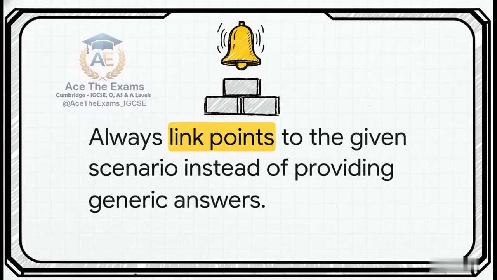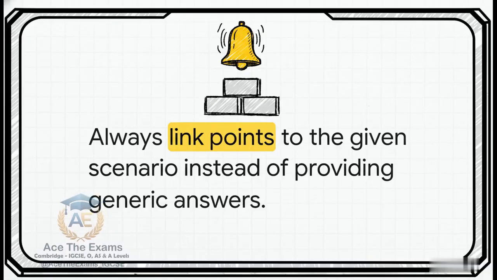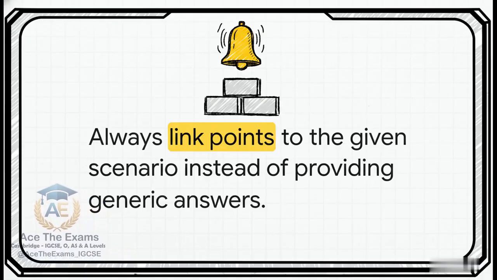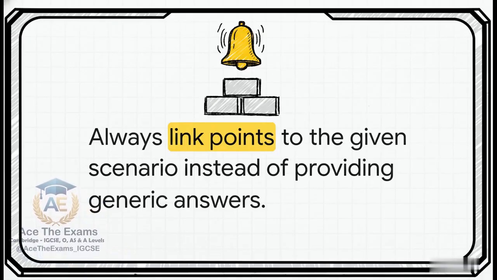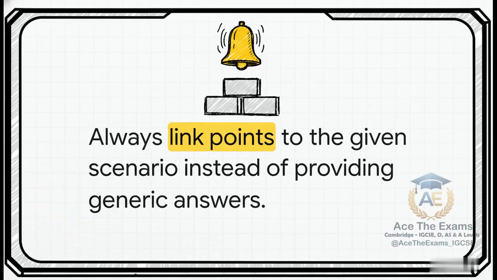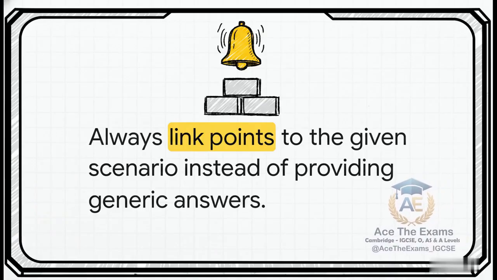Make your mathematical point, support it with evidence from your specific vector resolution, explain the physical principle at play, like limiting friction, and most importantly, link it directly back to the exact masses, angles, and coefficients provided in the scenario. By tethering your generic mechanics knowledge directly to the variables on the screen, you prove to the examiner that you are actively piloting the system, not just reciting an operations manual.